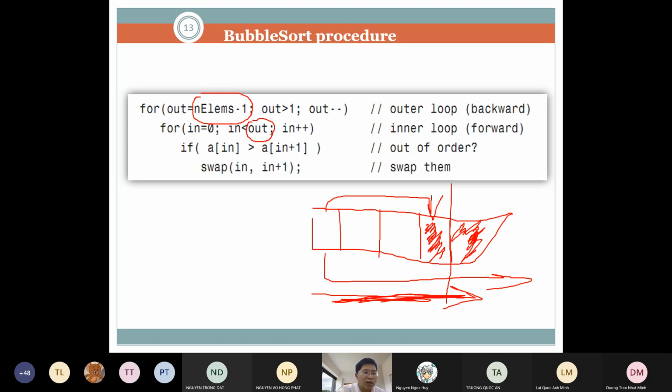No, I'm not asking you to sort it in the decreasing order. I just want you to move things. I still want you to make the objects in increasing order, but the way that we move objects is from the right to the left.